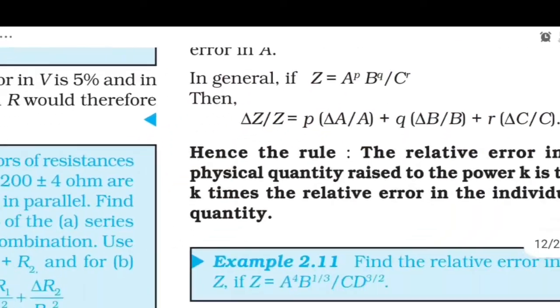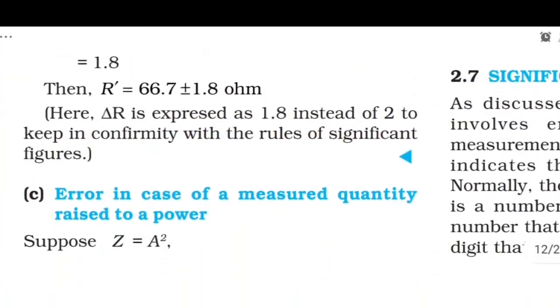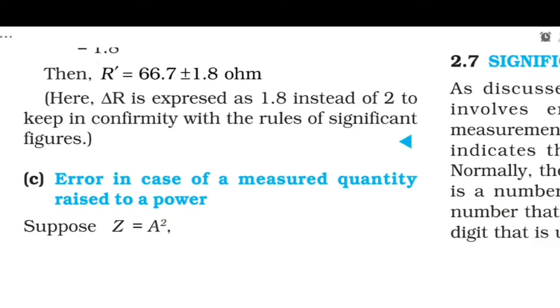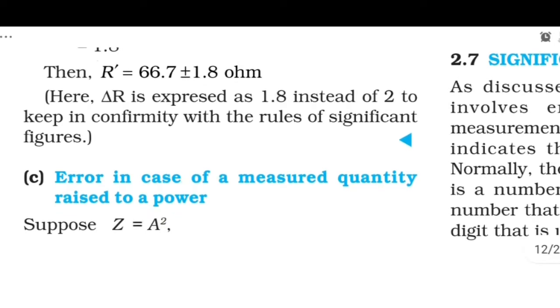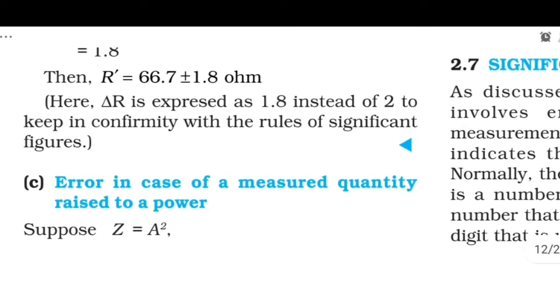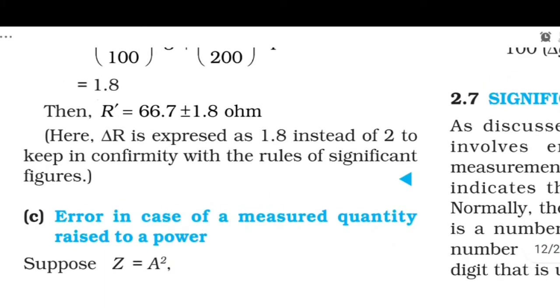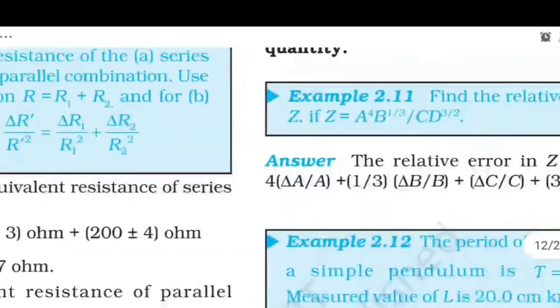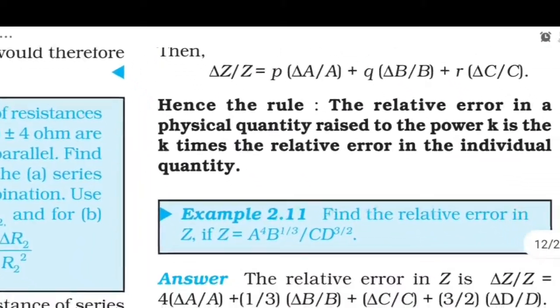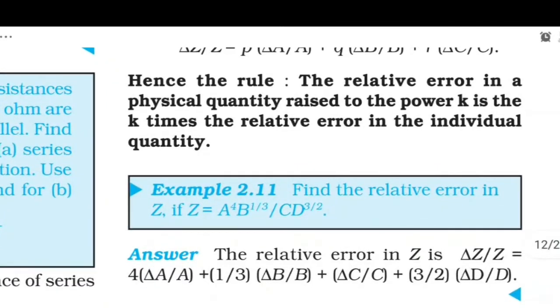Now coming to the third rule, that is when a physical quantity is expressed as a power of a measured quantity. For example, we are writing Z equal to A square. So when you have Z equal to A square, delta Z by Z will be equal to 2 into delta A by A. Or generally we say the relative error in a physical quantity raised to the power K is K times the relative error in the individual quantity.